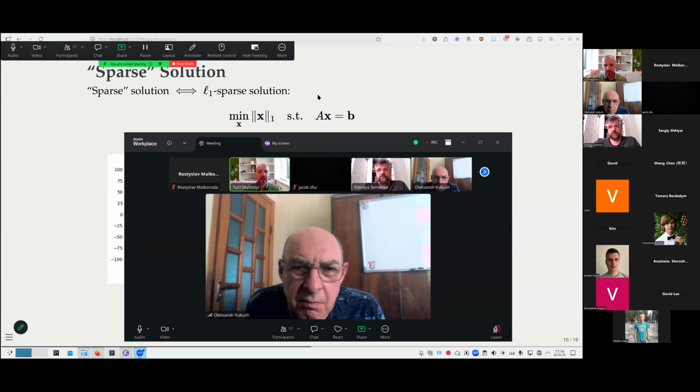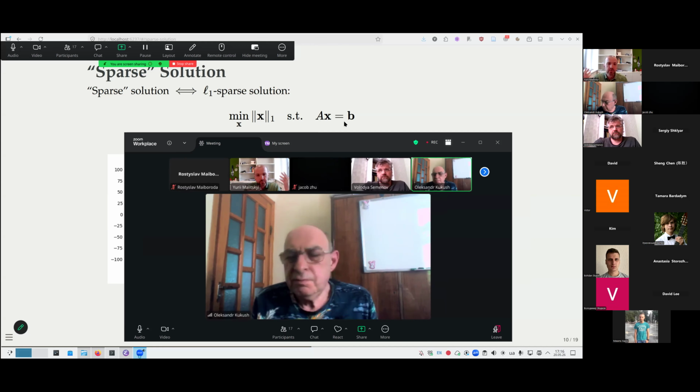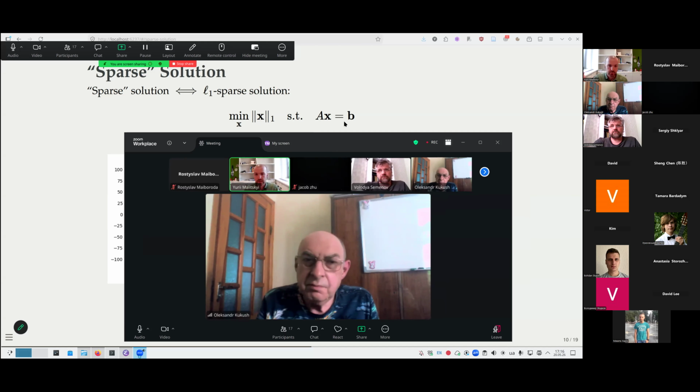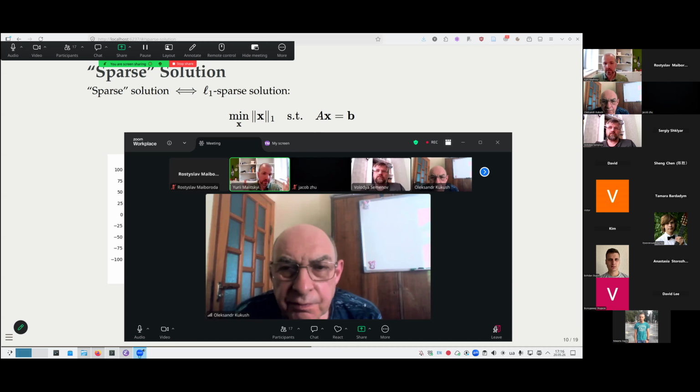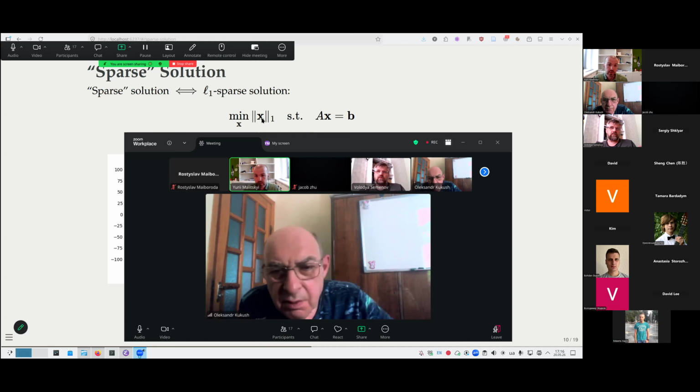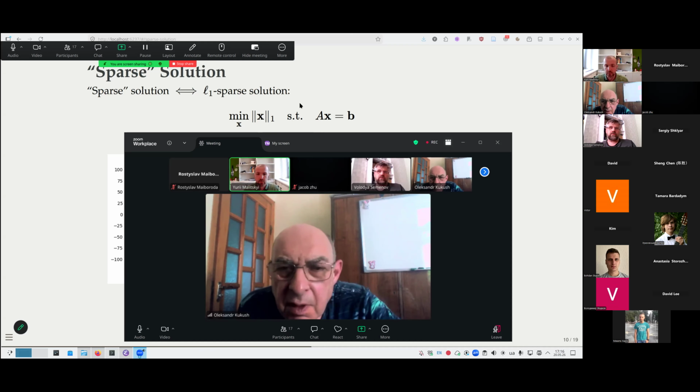It's not 100%. You need to assume something about your matrix A to guarantee this. But in general, for good matrices, like some random matrix, this property holds automatically, and you do recover the sparse solution. But it's not truly sparse, it's still sparse in this sense. We recover this sparse solution, not the sparsest one, not the L0 norm, because truly sparse would be minimizing the L0 norm, which is a hard problem. It's non-convex, an NP-hard problem.